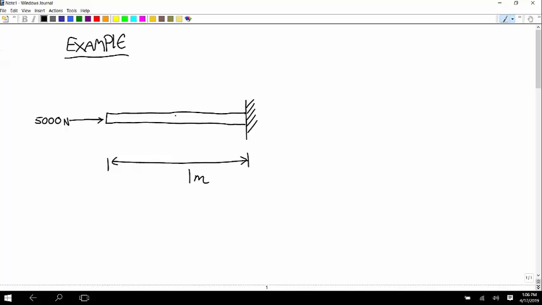At the midpoint, you have a downward force of 4,000 newtons and a torque in this direction of 2,000 Newton meters. We're going to calculate a stress halfway between the midpoint and this end.